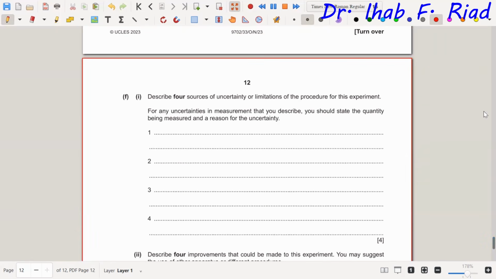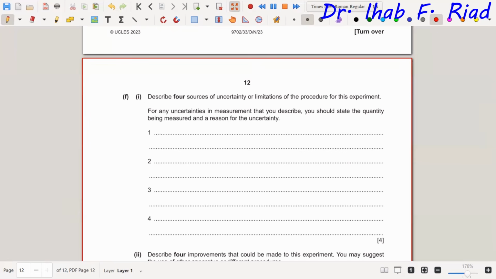Describe 4 sources of uncertainty or limitations of the procedure of this experiment. For any uncertainty in the measurement, you should state the quantity being measured and a reason for the uncertainty. Okay? This is a standard question. So, what do you think we should write as the first limitation?